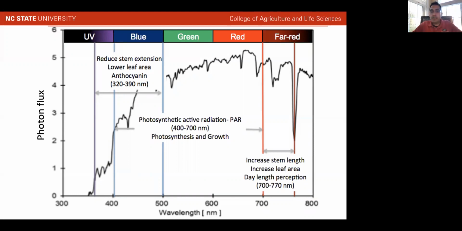Then you have far red light, which by itself doesn't mean a lot, but together with red light, or the ratios between red and far red light, can elicit other plant responses, such as an increase in leaf area and an increase in plant height. It is also very useful for the perception of day length.